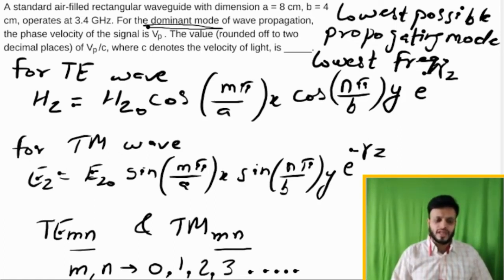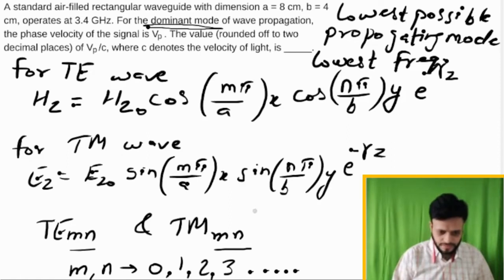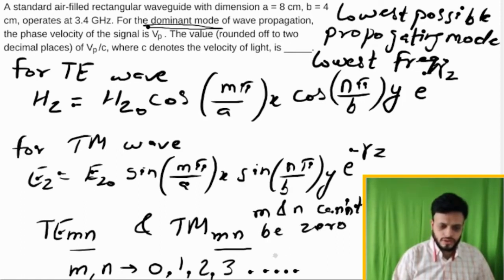So I will just write it down here in a small place: m and n cannot be 0 together.